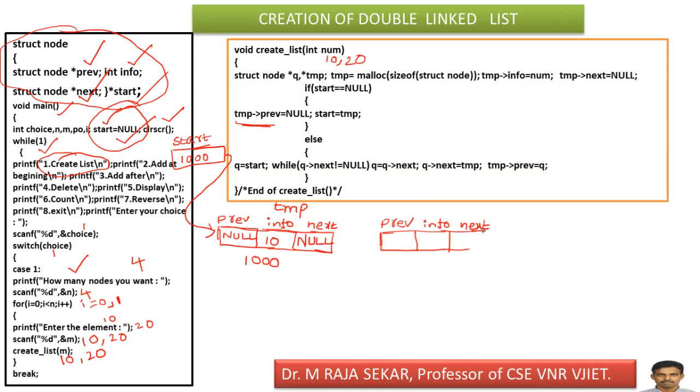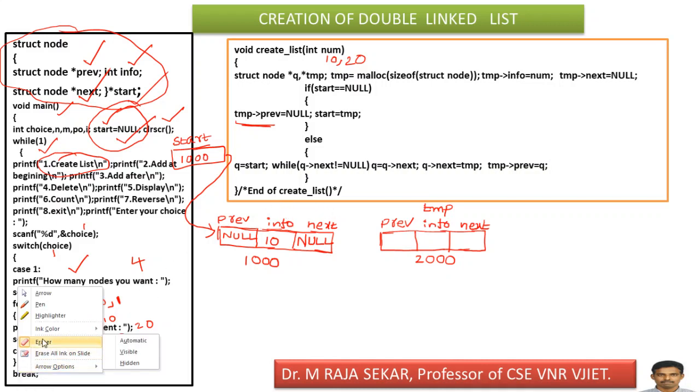Isn't it? Let me say this address is 2000. Now this must be tmp. Now this cannot be tmp. Which cannot be tmp? This cannot be tmp.